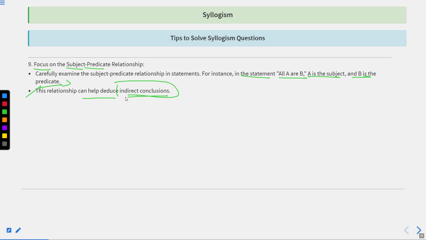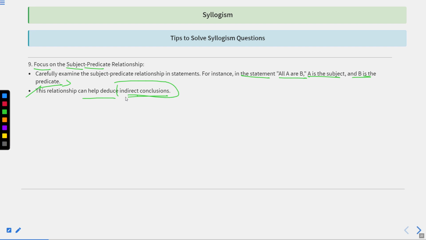Certain times you will see a statement where the predicate has been mentioned first. An example could be only A are B. Here the student might get confused. They will feel that A is the subject and B is the predicate.